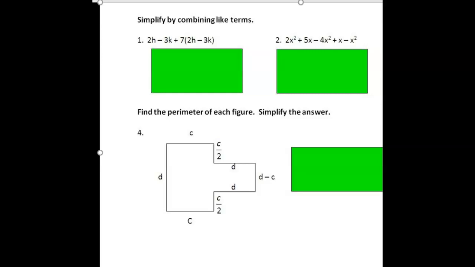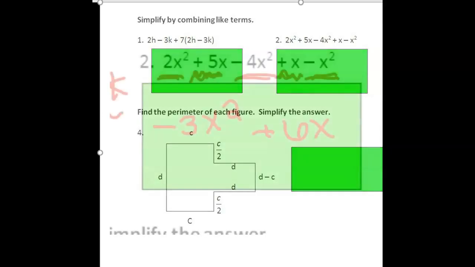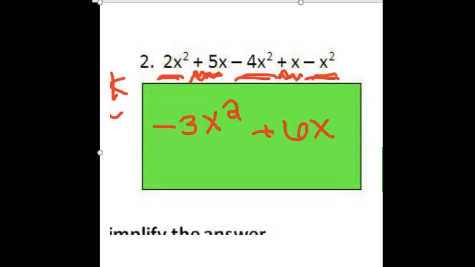In number 2, we'll just combine like terms. So what I like to do is if it's x squared, maybe I put a single underline. If they're x's, I do a squiggle. If there was nothing, maybe I did 2 underlines. But I try to go through and look at the like terms so I can group them.